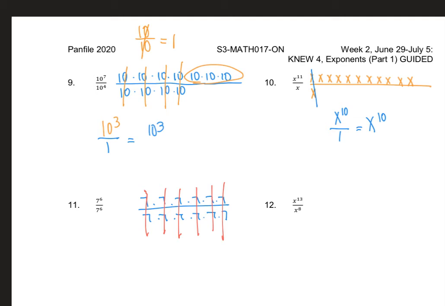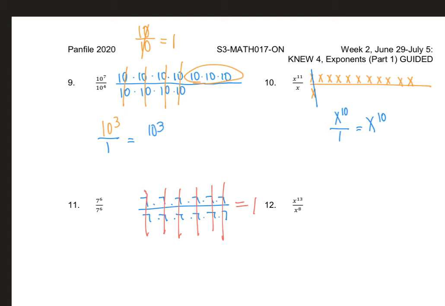But when you think about it dividing to 1, each one of those dividing to 1, then the whole problem turns to 1. So this whole thing equals 1.